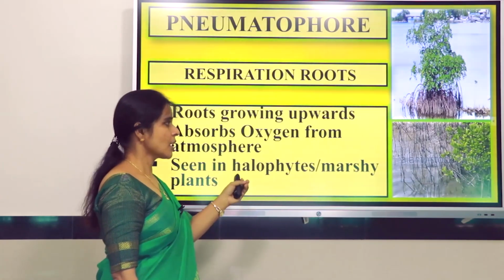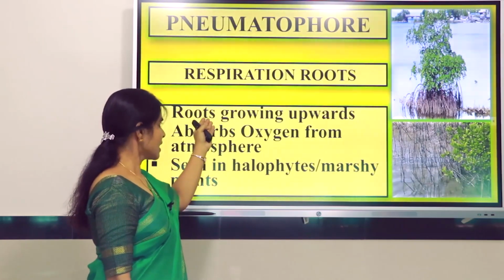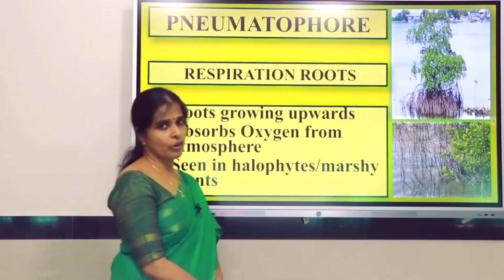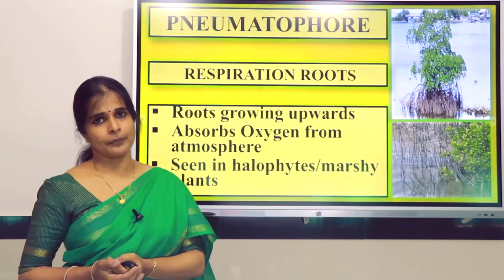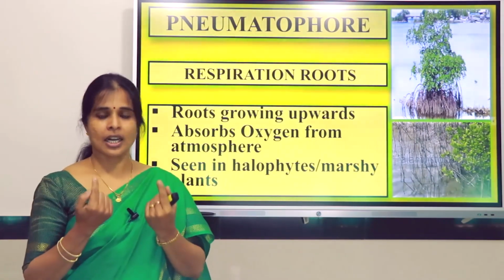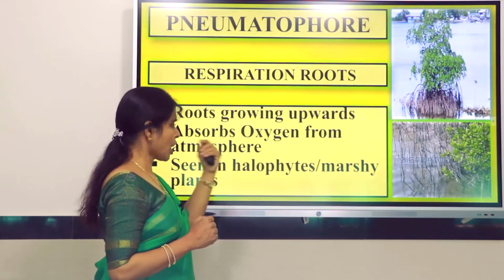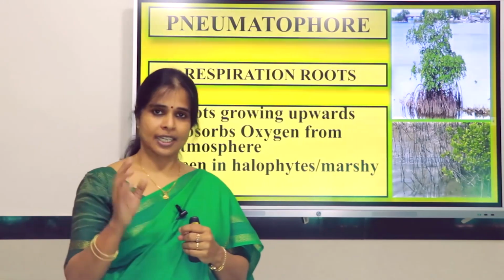So, what the roots do is they somehow modify, and some of the roots come upwards, or grow upwards, that is towards the atmosphere. They look like pointers. So, pointed roots come out and grow upwards, and they are able to absorb oxygen from the atmosphere.